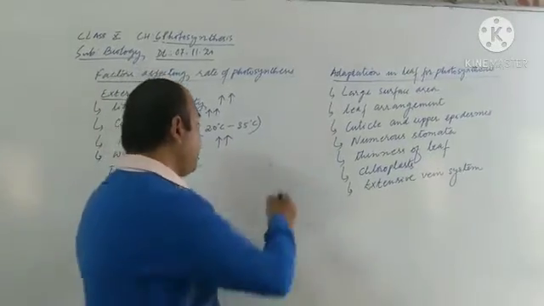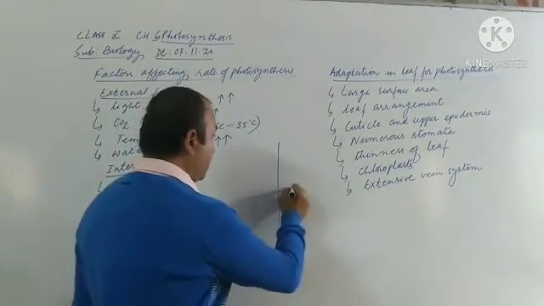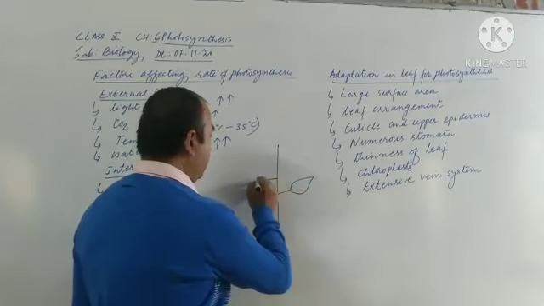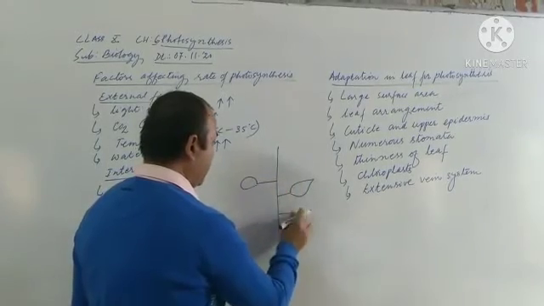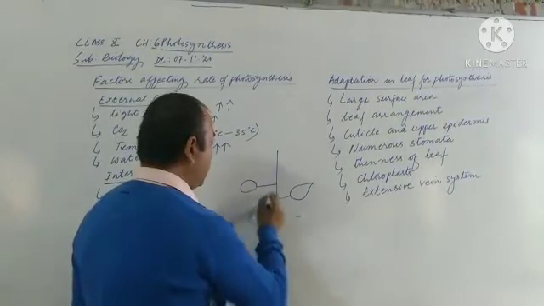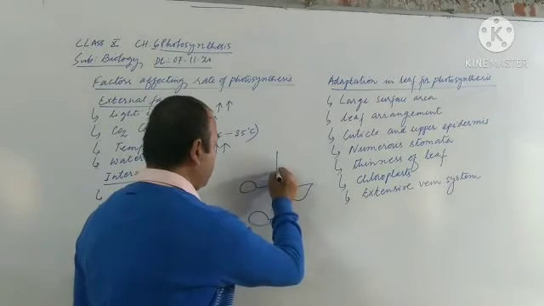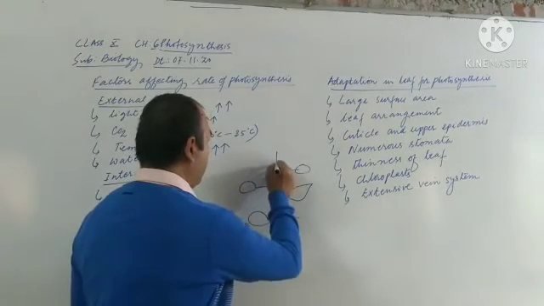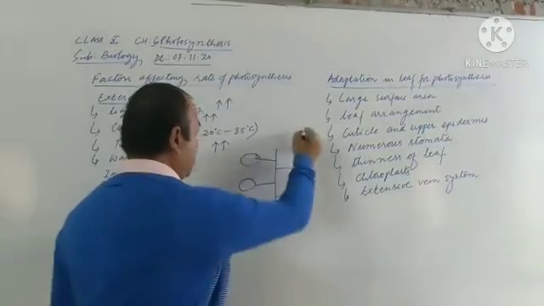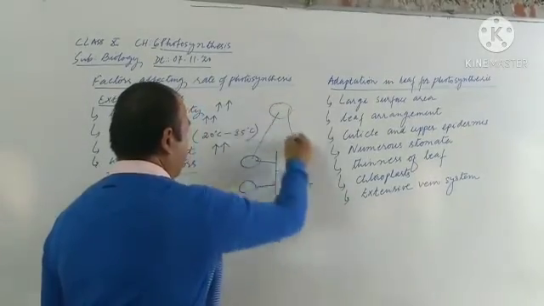Next, leaf arrangement. You might have noticed the arrangement of leaves, that is phyllotaxy. Leaves are arranged in such a manner that almost all the leaves receive a sufficient amount of light.